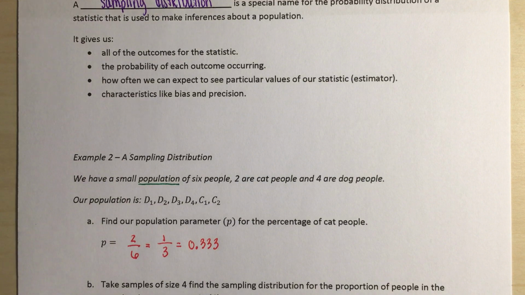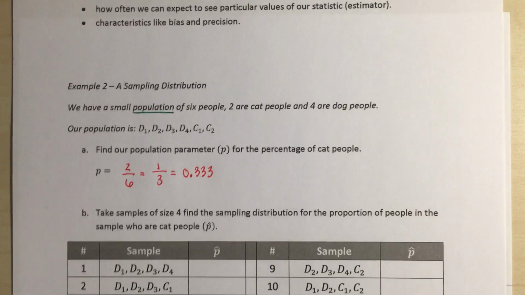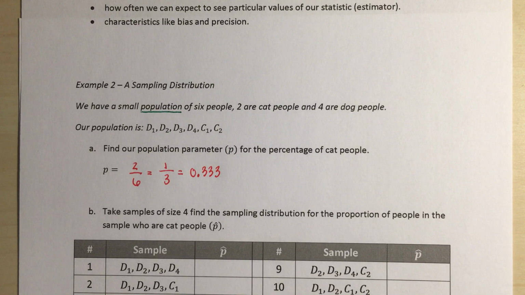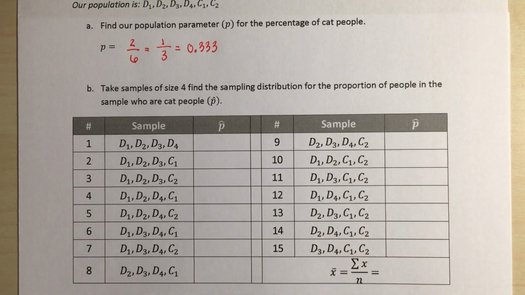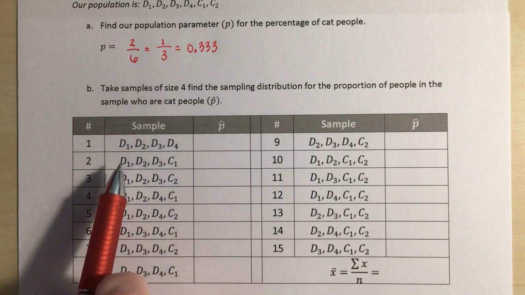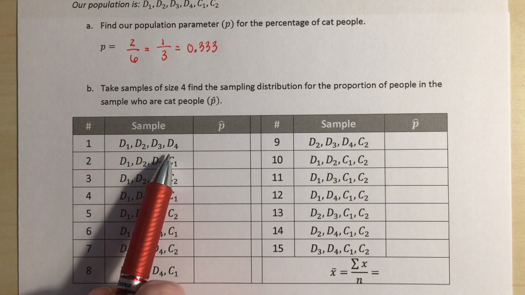All right, now instead of looking at our entire population, we're going to take samples of size 4. So what I have put in this table are all of the different combinations that are actually possible of coming up with samples of size 4. One possibility is that we get a sample that has all 4 dog people.